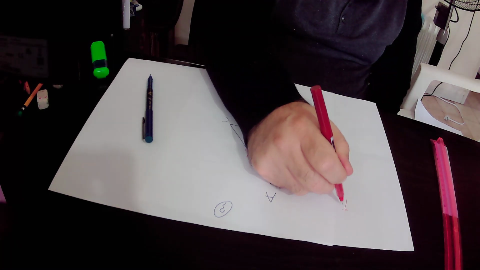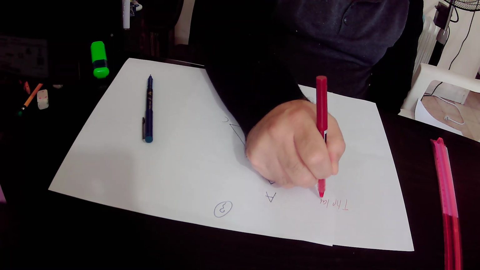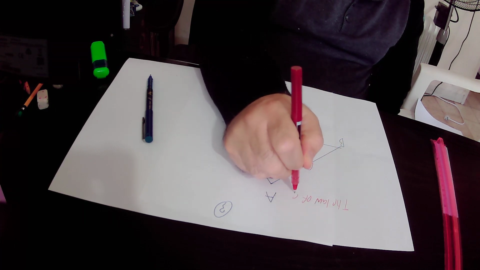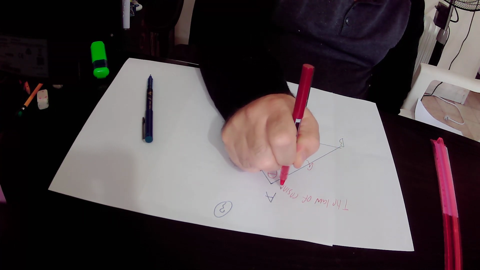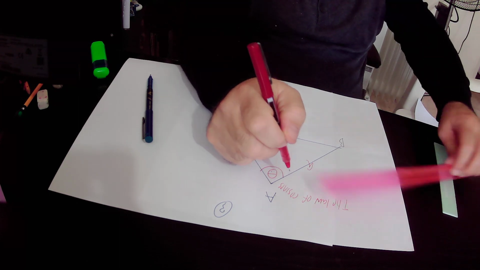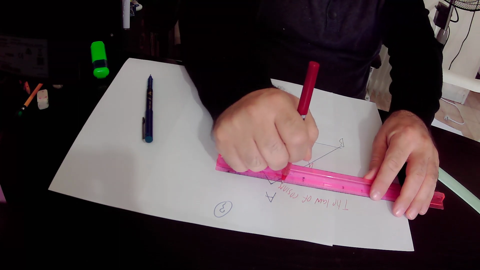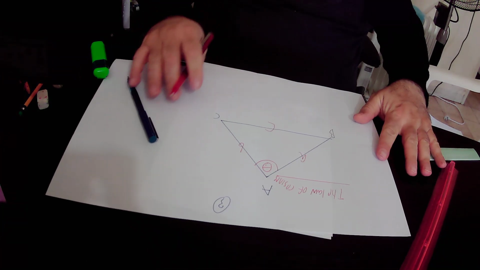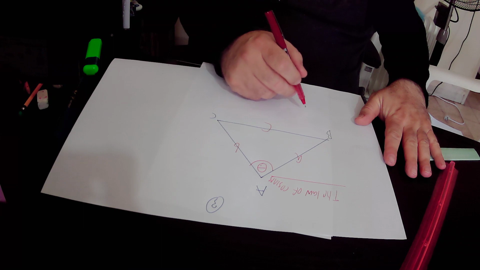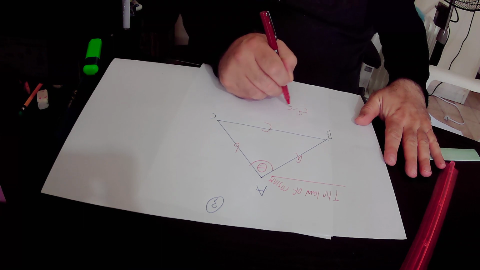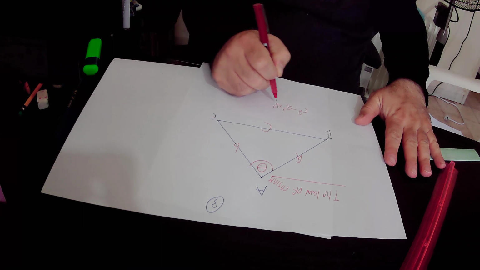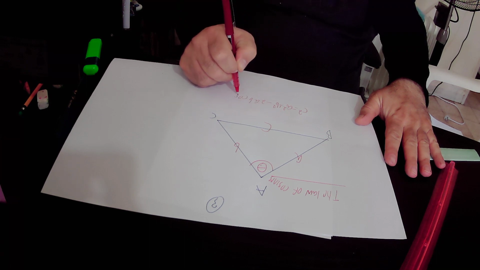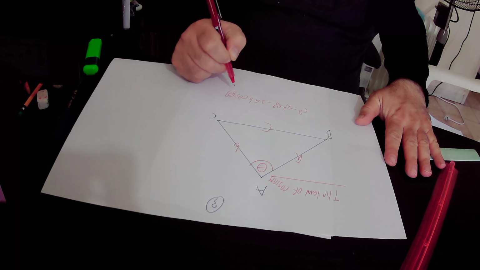Then, according to the law of cosines, we get that c squared equals a squared plus b squared minus 2 times a times b times cosine theta. Okay?